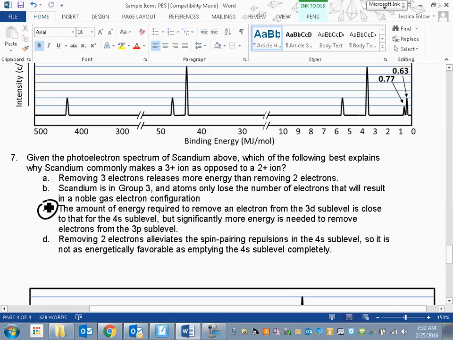The values over there are very low, so it's very easy to remove that third electron. So what is the 0.77 regarding? 0.77 is the 3d. And then the 0.63? Right, so this is like 4s2. You can see the intensity differs just barely, but it's there.